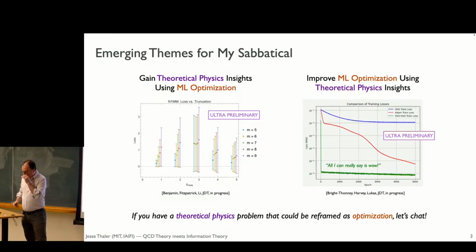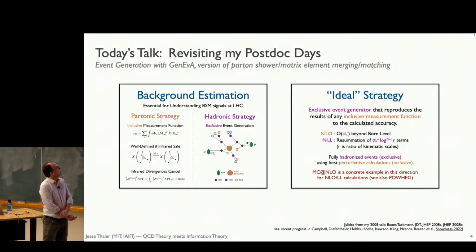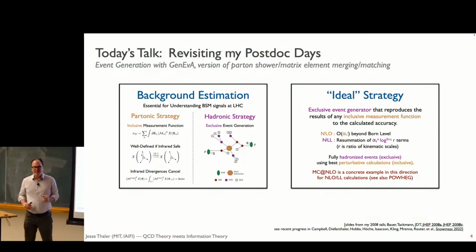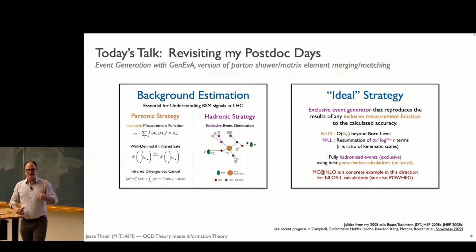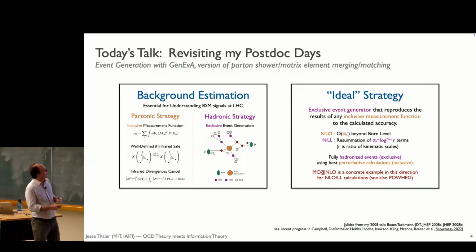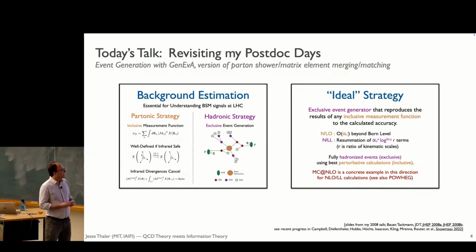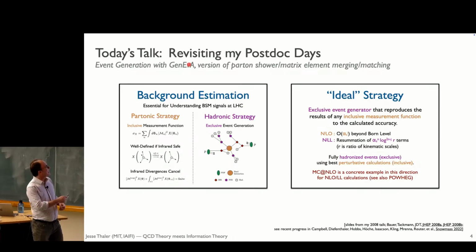So the starting point for this talk is actually going back to my postdoc days. I dug up some slides from 2008 when I was working on exactly the same problem as I'm going to be presenting today, only I was thinking about it through the language of QCD theory. When I was a postdoc with Frank Tackmann and Christian Bauer, we worked on a framework for generating synthetic collisions at the LHC using a tool that we call Geneva, generating events analytically.